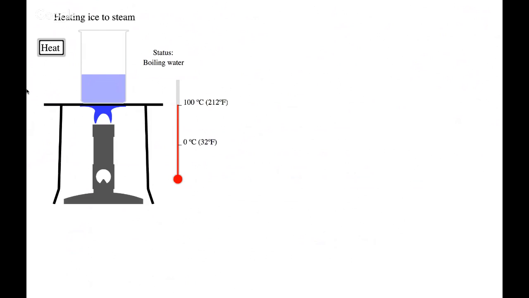What's going on? It's a fairly straightforward science experiment that lots of kids are told to do. You get an ice block, you measure its temperature as you heat it up, and if you heat it on a more or less constant heat, here's a Bunsen burner because that's what I had in chemistry.